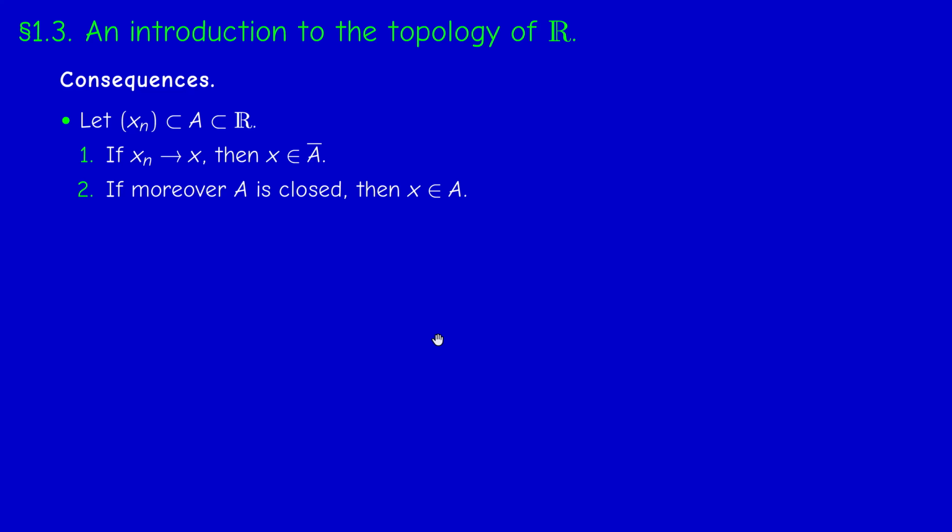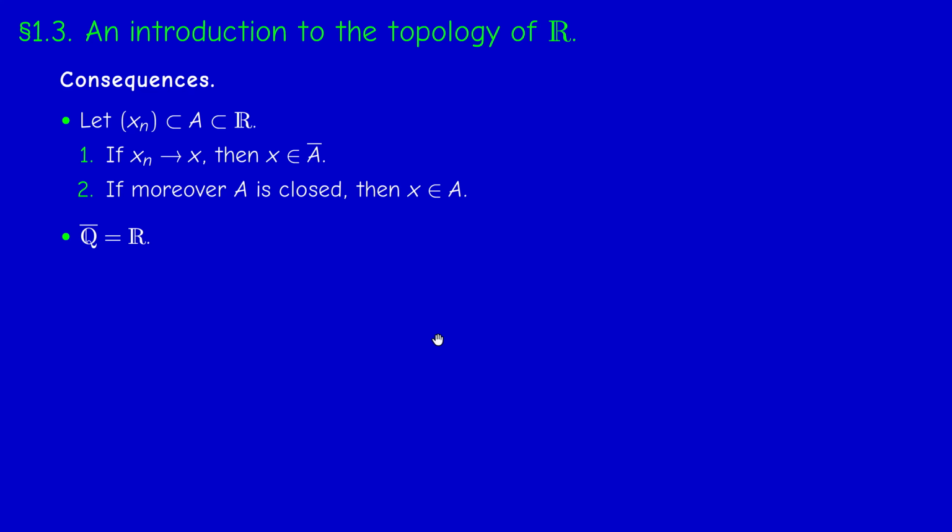And probably this is one of the reasons why we use the adjective closed. It's closed under the operation of taking limits. So if I have a sequence in A, and A is closed, the limit cannot escape, cannot be outside A, it's still in A. And it's not true if A is not closed. We can easily give counterexamples.